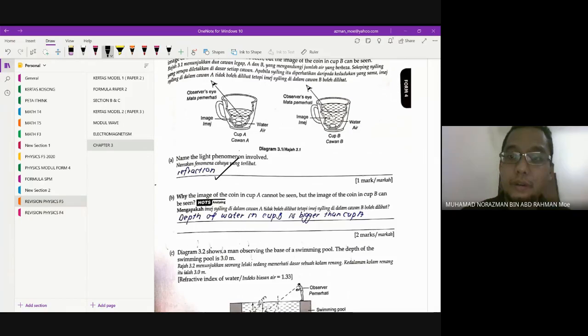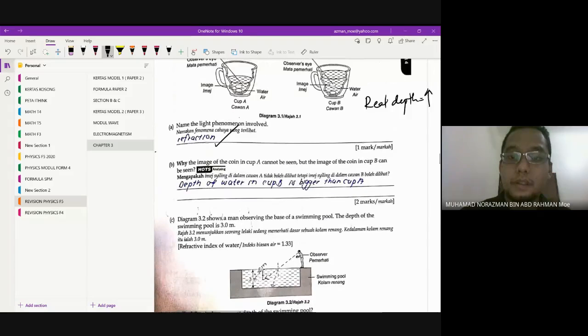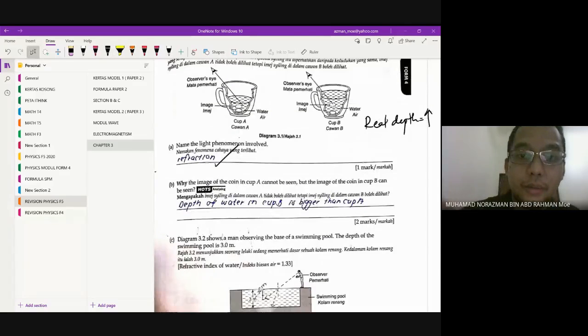Okay, so from our observation, cup B, real depth is higher compared to cup A. Okay, so why cannot see? Tengok observer I, dia dekat luar cawan tu.